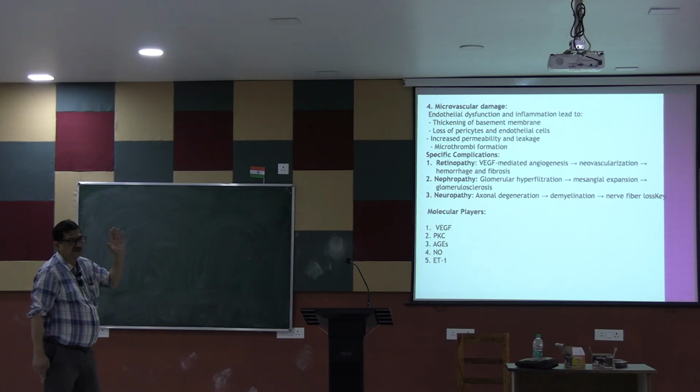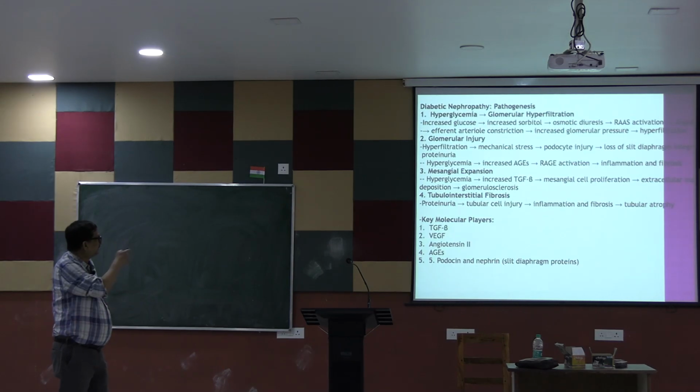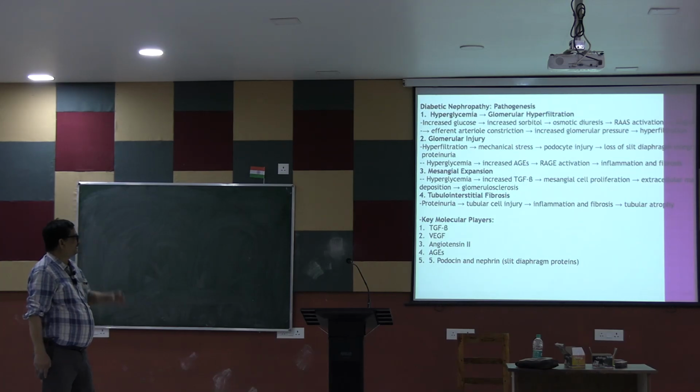So this is a general overview of the pathogenetic processes of diabetic complications, and they manifest in retinopathy, nephropathy and neuropathy; the same type of pattern is there. Diabetic nephropathy, again I am coming back: hyperglycemia, glomerular hyperfiltration, same process, increased glucose, increased sorbitol, osmotic stress, RAAS activation, efferent arteriolar constriction, increased glomerular pressure, hyperfiltration.